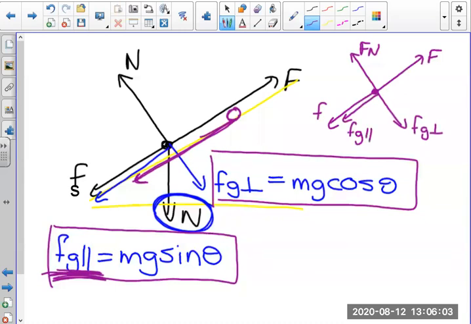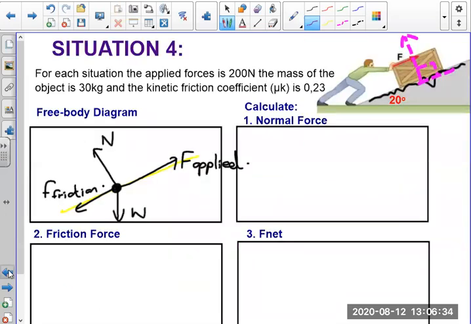But these two, the Fg perpendicular and the Fg parallel, will be considered as the gravitation force. So either the one where we have the gravitation force or the two components of the force. Not a mixture between the two, as you can see here. If you do that, you're going to lose that mark. So either this one you're going to draw, or on the previous page, as I showed you, the one where I just show the weight and not the components of the weight. Okay. Right, so that's a free body diagram.